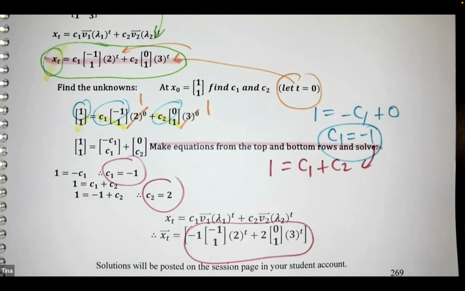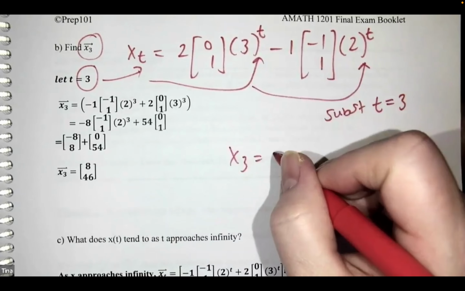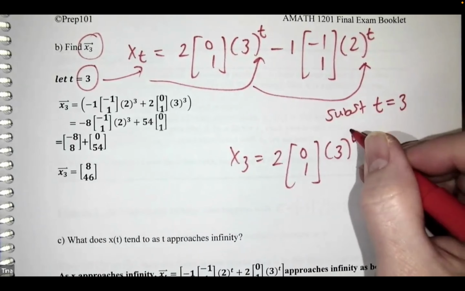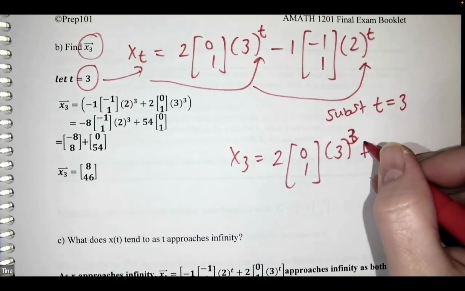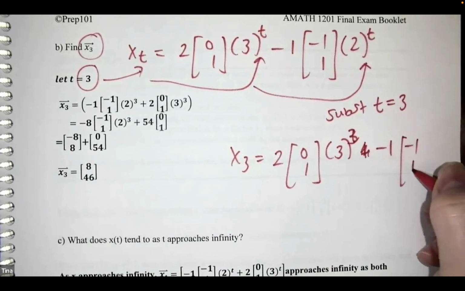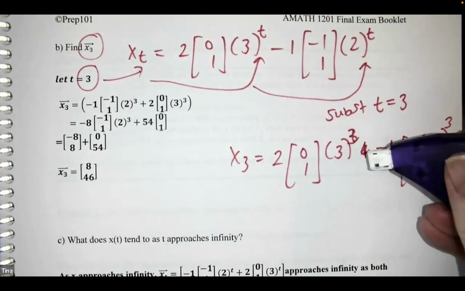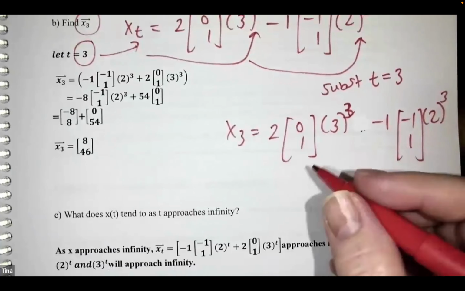So we get 2 times (0, 1) times 3 to the 3, and then minus 1 times 2 to the 3. So 3 cubed is 27.